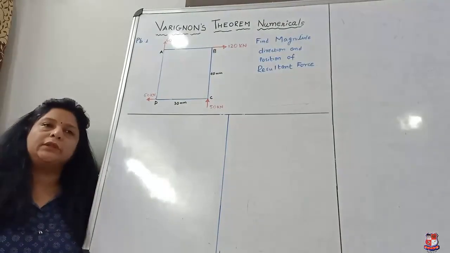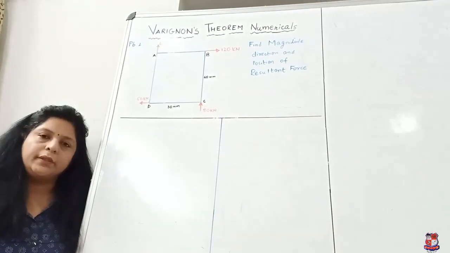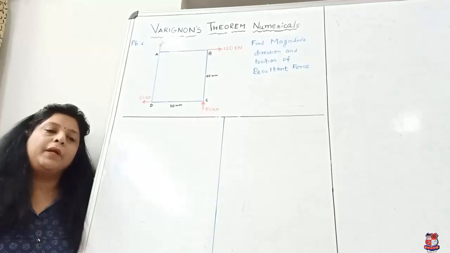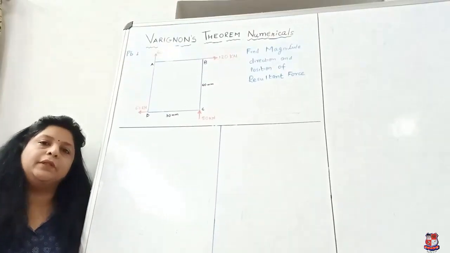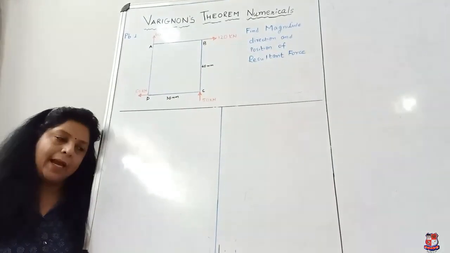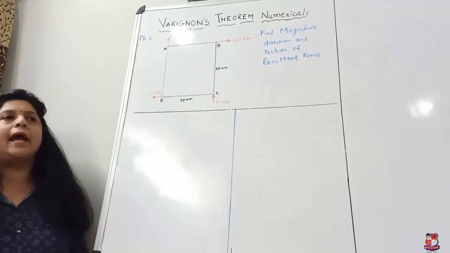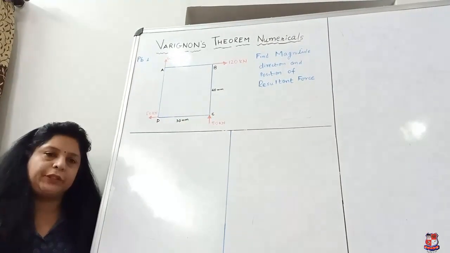Varignon's theorem states that when coplanar non-concurrent forces are acting on the system, then the moment of each force about a point is equal to the moment of the resultant about that same point. That is the statement of Varignon's theorem, and it is basically used to find out the position.